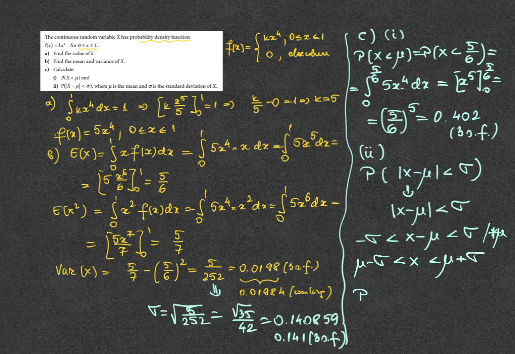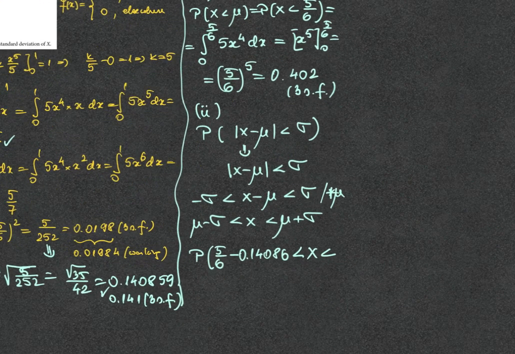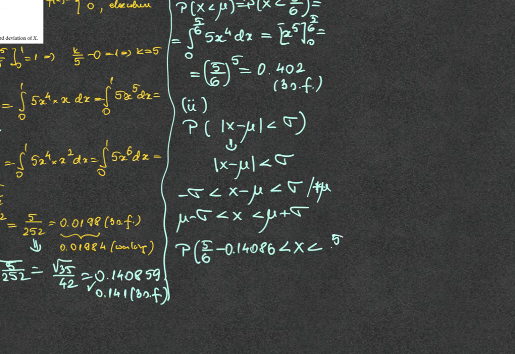So you're asked the probability of X being between mu minus sigma and mu plus sigma.